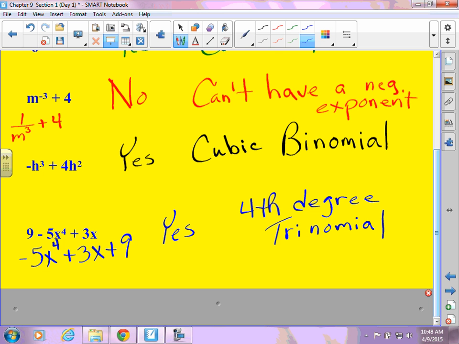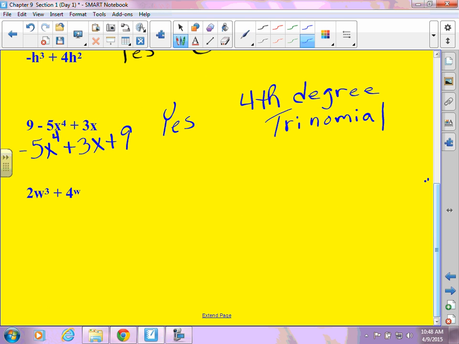Do you think this is a polynomial, yes or no, and why? It is not. Why not? That's correct. The exponent is a variable, isn't it? So this is no, and you can't have an exponent as a variable.